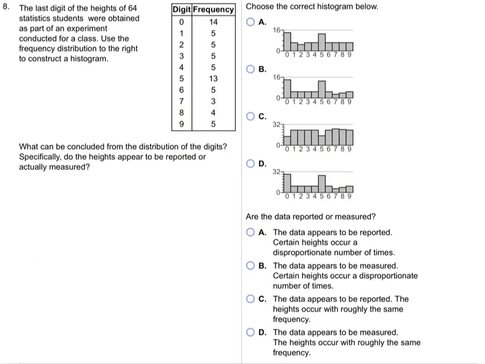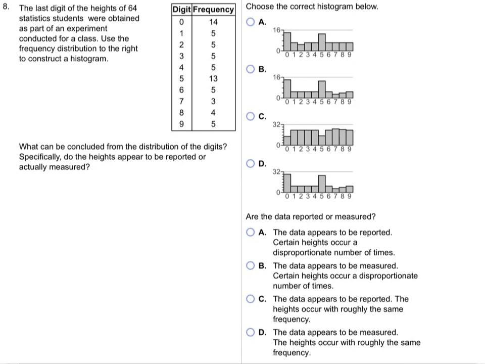All right, number 8. The last digit of the heights of 64 statistics students were obtained as part of an experiment conducted for a class. Use the frequency distribution to the right, make a histogram. All right, so they've got these digits. It's kind of weird. And then they turned them into a frequency chart. So which one of those is the right frequency chart?